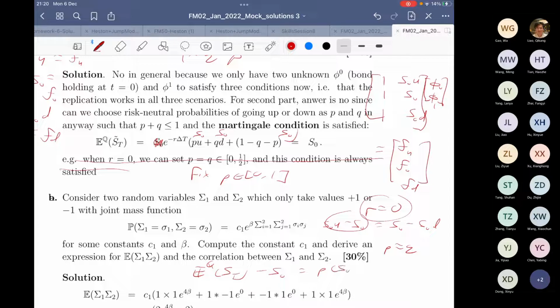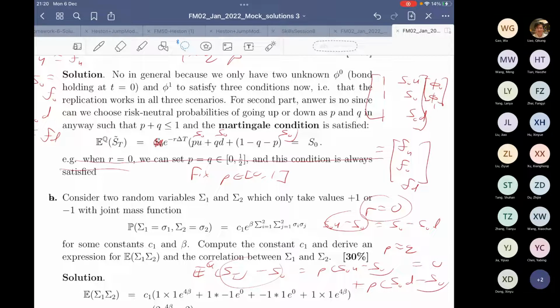So S0U minus S0 plus the probability of going down times this difference in that scenario, which is S0D minus S0. But in that case, by assumption, they're the same, and that's the negative of that. So this would be 0 in that case.